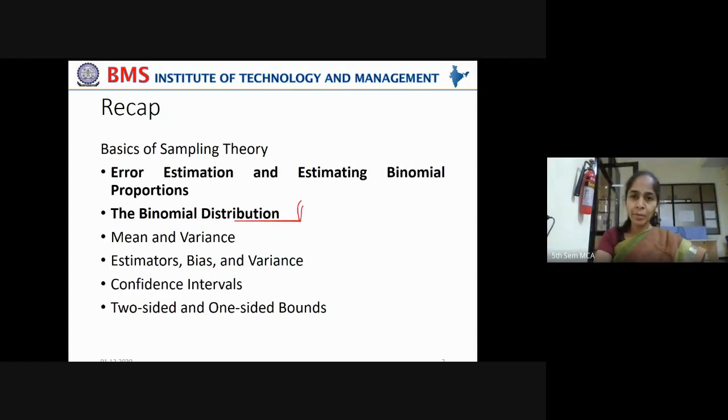The probability of a random variable Y taking a particular value r, we denoted as n factorial by r factorial into n minus r factorial, multiplied by probability p raised to the power of r into 1 minus p raised to the power of n minus r. This is the binomial distribution we understood in the last class.